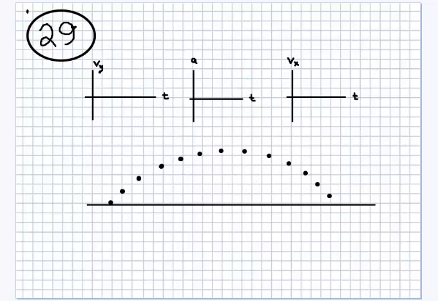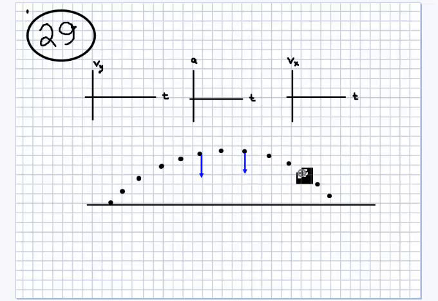Next problem. On this one, we're tracking the Vy, Vx, and acceleration as an object goes in projectile motion. Recall that the acceleration doesn't change too terribly much. In fact, it stays at a nice steady negative 9.8 at every location.